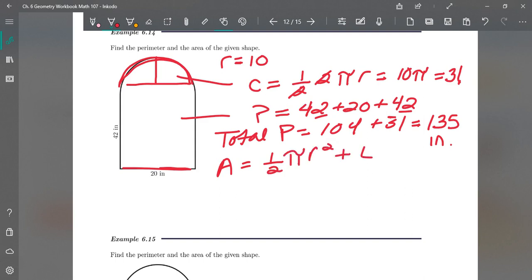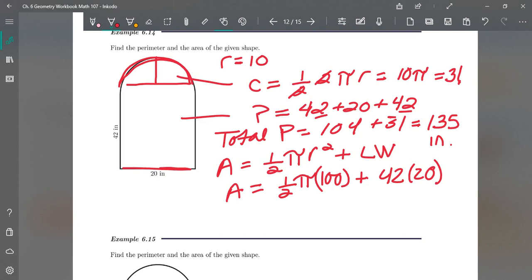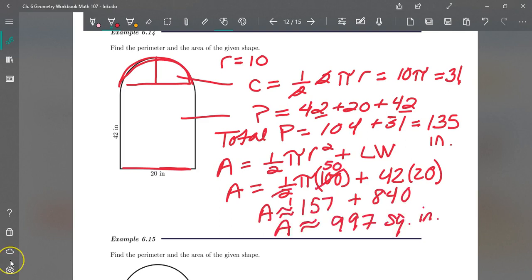And then plus the length times width, or base times height, however you want to look at it, of the rectangle. So we'll have half of pi times 10 squared, which is 100. And then we have 42 times 20. Go ahead and pause the video and work the math out on that.